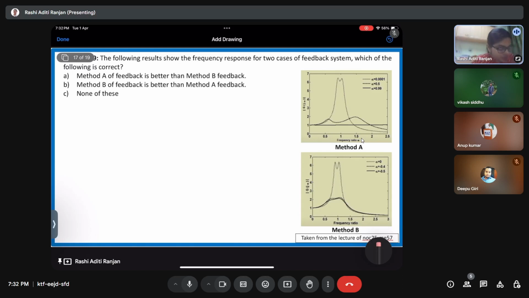Feedback essentially means that if this is my system, this is the output. I take this output and this is my input. I take this output, feed it into the system so that my input actually depends upon my value of output.